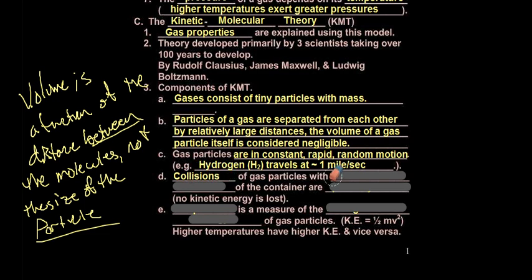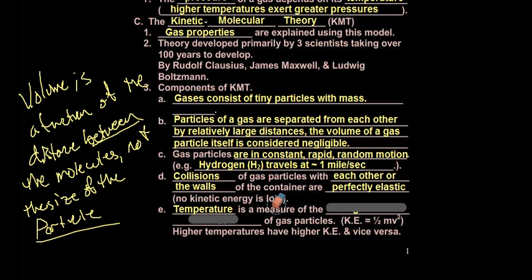Collisions of gas particles with each other or the walls of the container are perfectly elastic, so no energy is lost. In class, you'll witness the happy ball and sad ball demo, and elastic collisions happen when the happy ball bounces, and inelastic collisions happen when the sad ball bounces or doesn't bounce, for that matter.